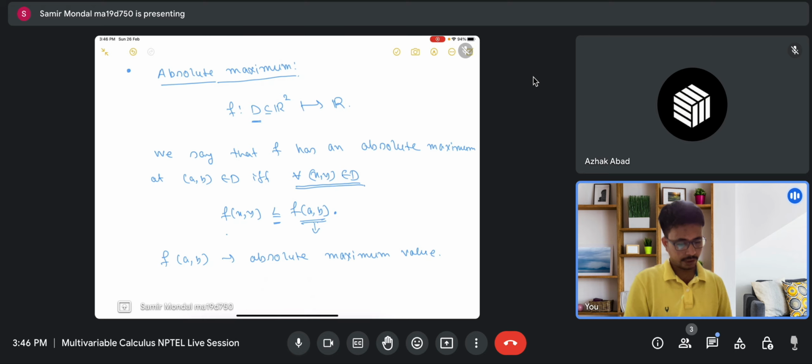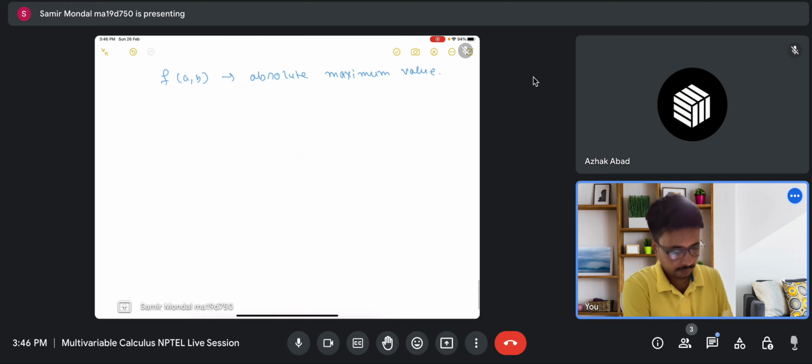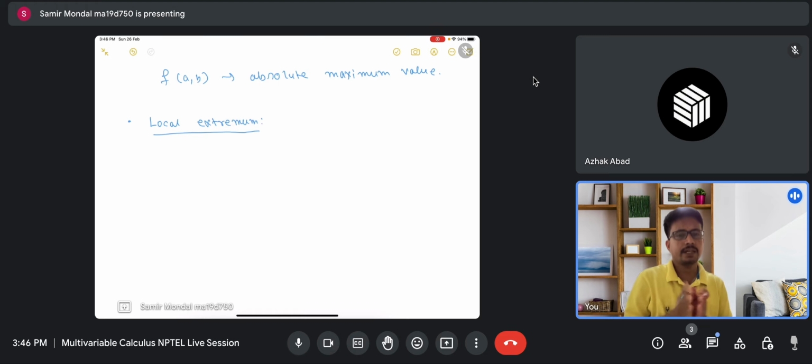Before going to that, I am mentioning another thing. This is the combination of local maxima and local minima, local extrema. Local extrema means either f has local maxima or f has local minima. This is called an extremum.